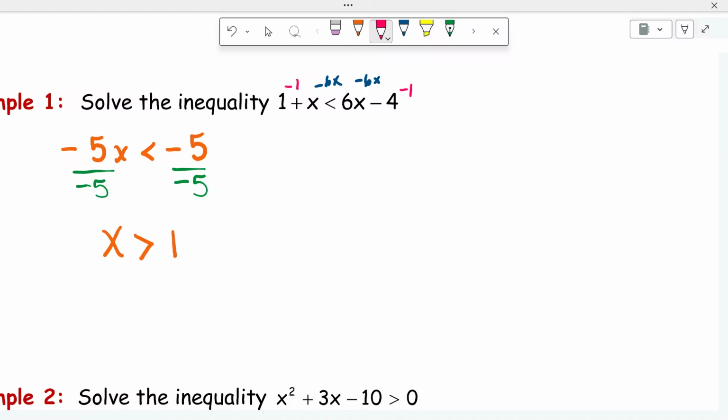And then just to quickly, guys, if you wanted to, this would be the other way. You would have done it. Would you guys agree that if I took everything to the other side, it would have looked like that? And then you would have still divided both sides by 5. So then you would have got 1 is less than x. Are those two statements the same? Yes, they mean the same thing.